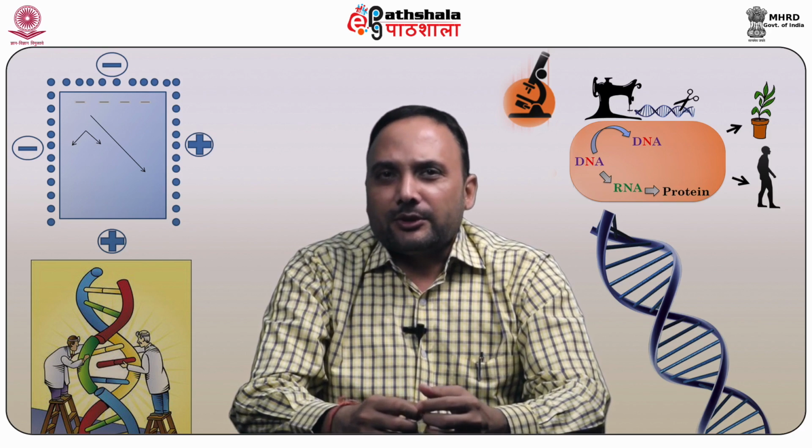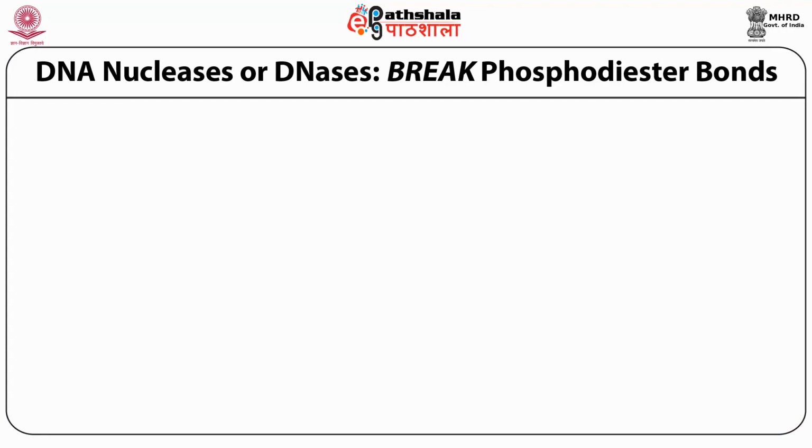Let's start with DNA nucleases or DNases. These are the enzymes that break phosphodiester bonds. They are categorized into multiple categories based upon where they make that cut. For example, they are usually referred to as exo if they are degrading the strands of DNA from one end.